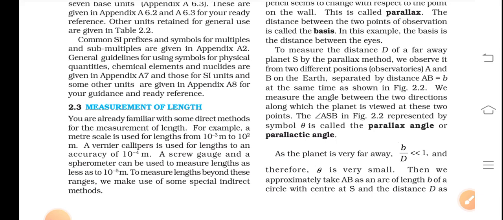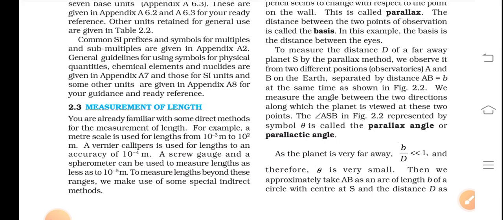A vernier caliper is used for length to an accuracy of 10 power minus 4 meter. A screw gauge and a spherometer can be used to measure lengths as small as 10 power minus 5 meter.